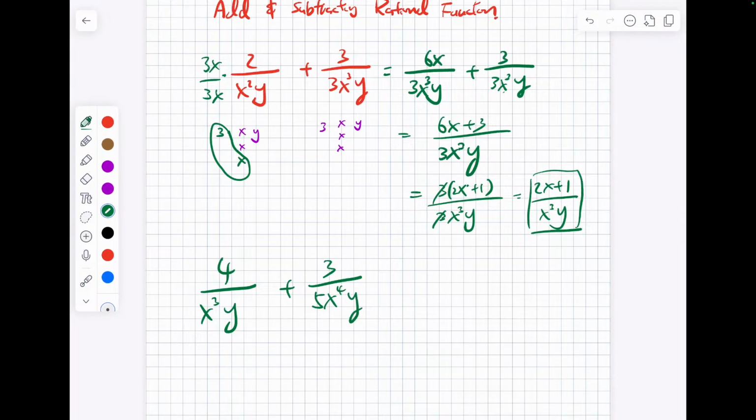I want to add those two expressions together. Check with your group and see what you get.